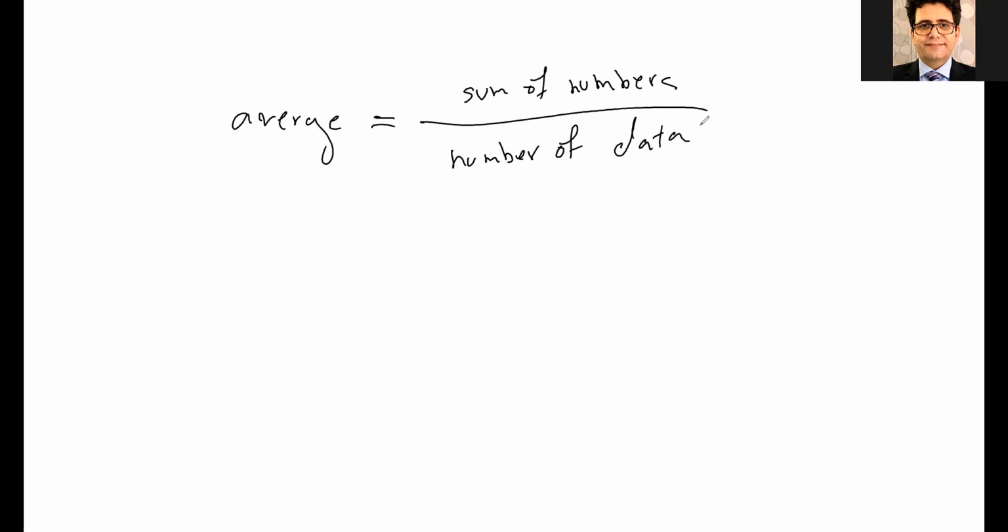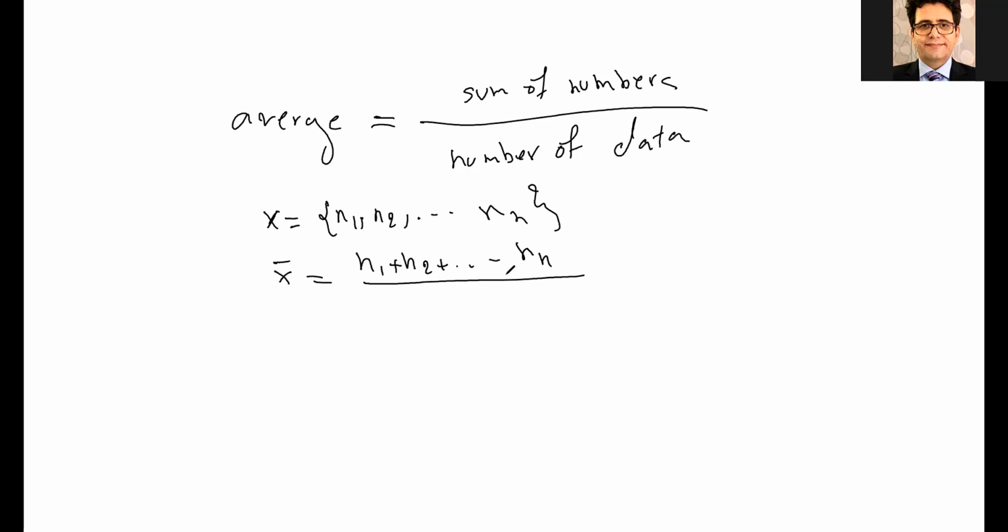So mathematically, if you have a set X, which consists of n1, n2, up to n entries, and you want to calculate the average of it, what you do is you just sum this up and divide by n, because n is the index in here, meaning that we have n number of those integers.